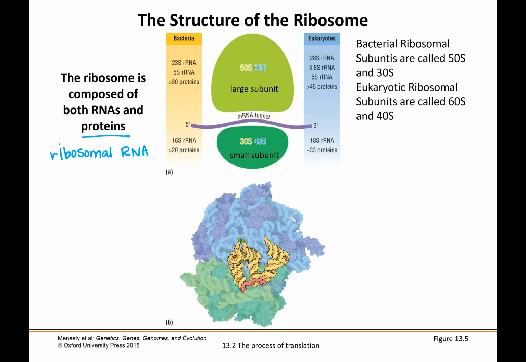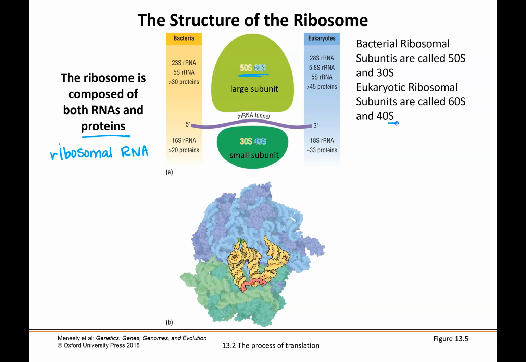So the subunits are sort of these massive structures that are made up of these two components. The larger subunit is called the 50S subunit in bacteria, and the 60S subunit in the eukaryotic system. So this just means essentially that the eukaryotic ribosomal subunit is slightly larger.